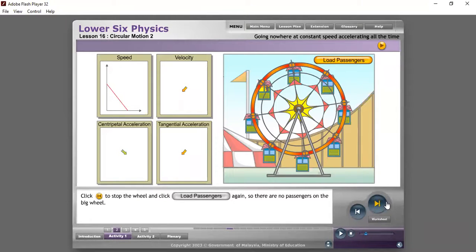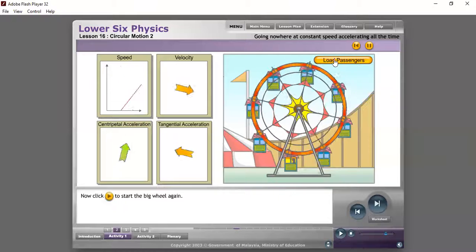Click the reverse button to stop the wheel and click the load passengers button again. So there are no passengers on the big wheel. Now click the play button to start the big wheel again.